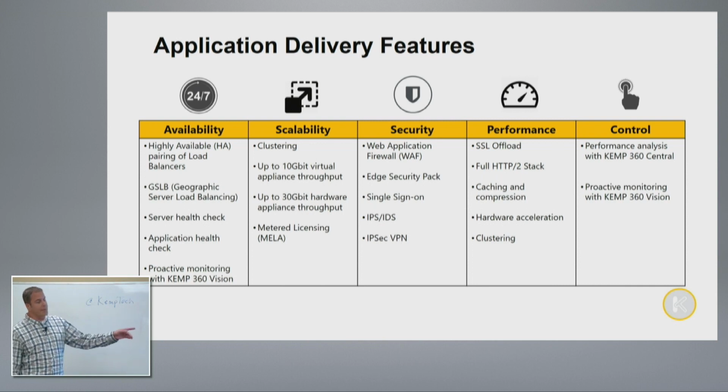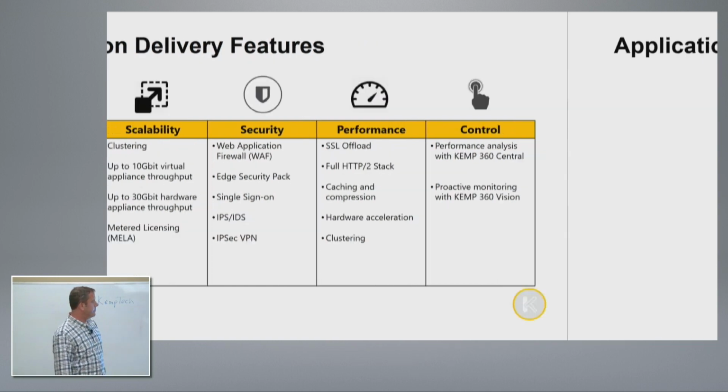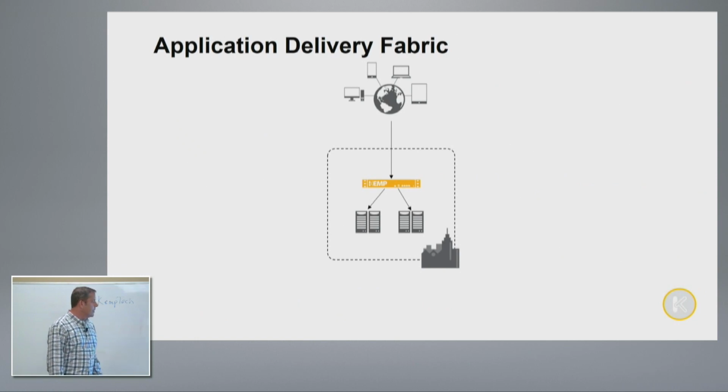And what we're going to get into a lot today is the control over all of this, right? So all of this brought together is really starting to build out that application delivery fabric.